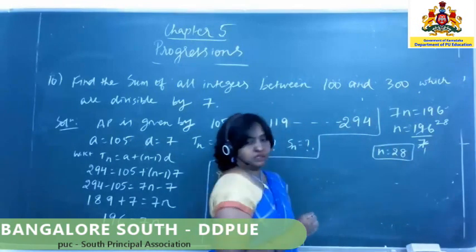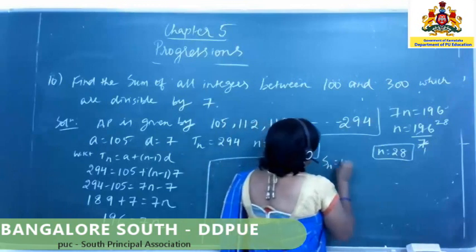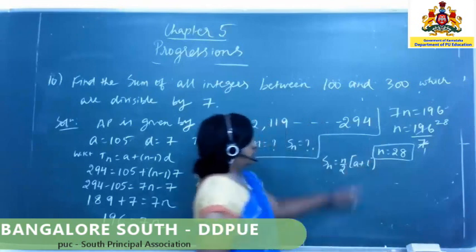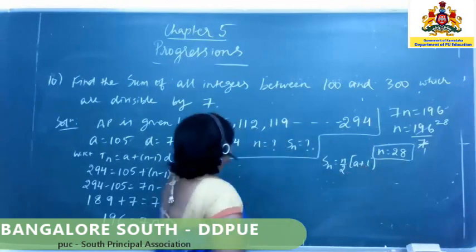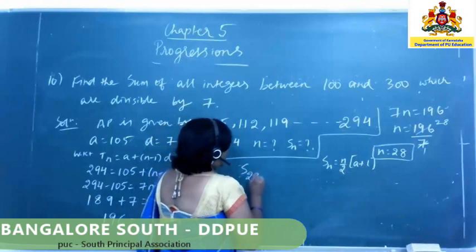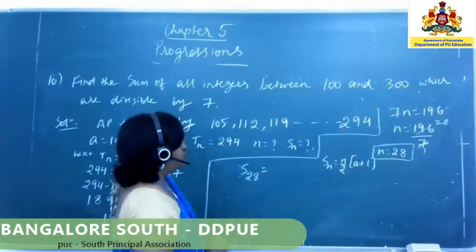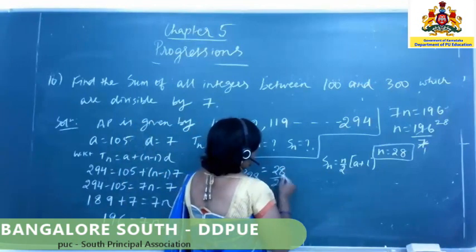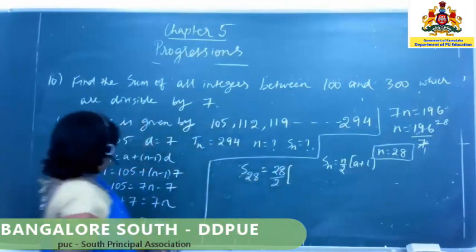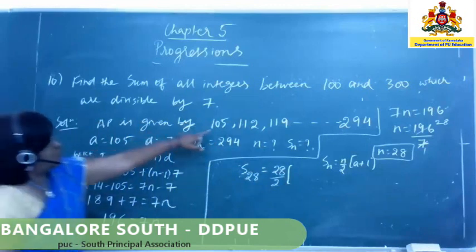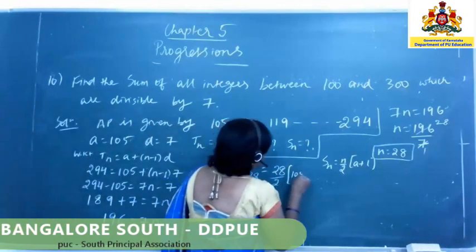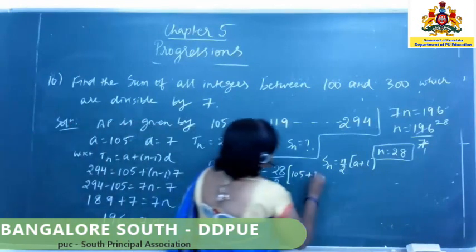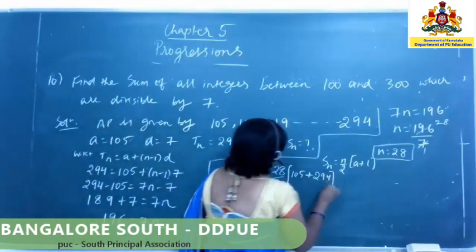Now you find Sn. Sn is equal to n by 2 into a plus L, where L is the last term. So S28 is equal to 28 by 2 into a plus L. I can substitute a value as 105 plus the last term, that is 294.